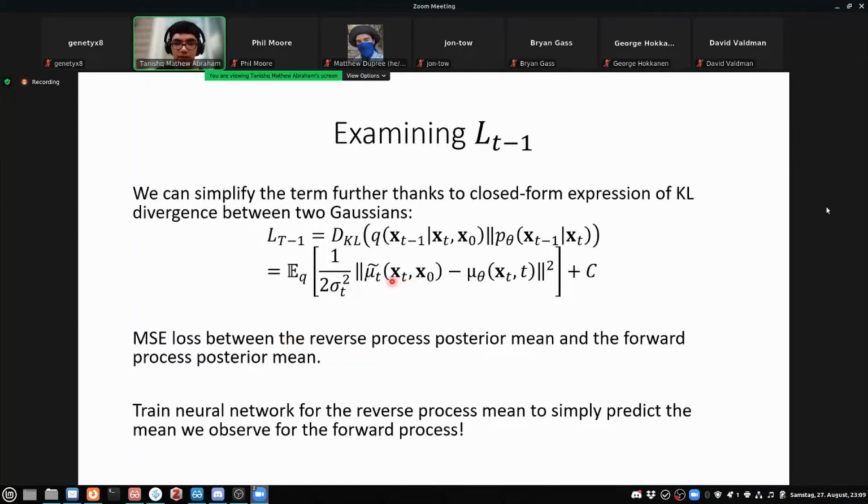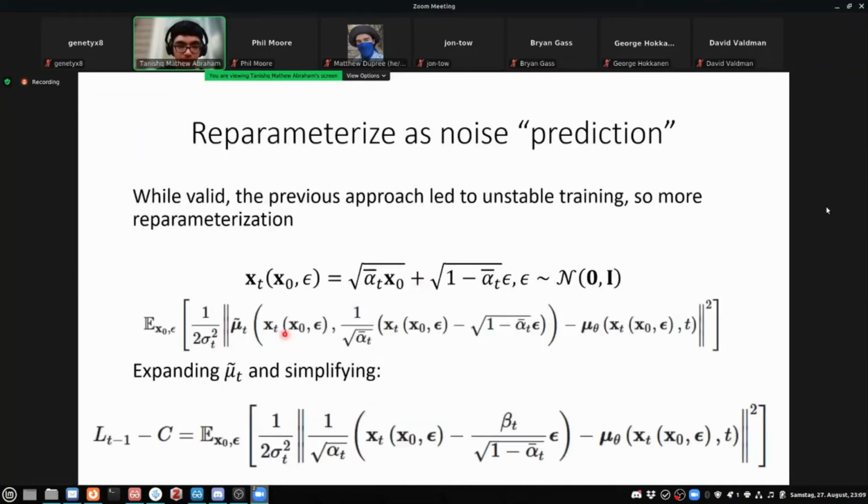We define an equation for xt, and then we can get x0, doing some algebra on both sides to get x0 from xt. I think there was a question here about where we have this x0. Then here we just rewrite that term for x0.